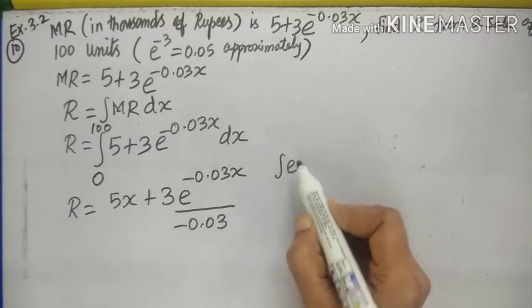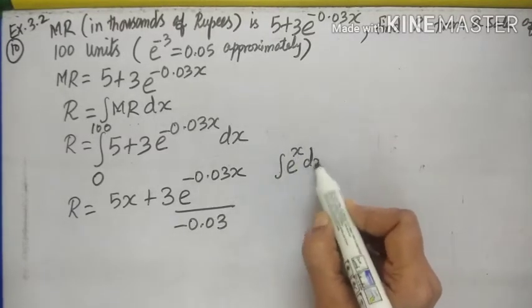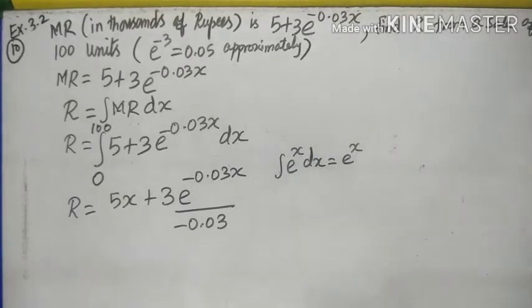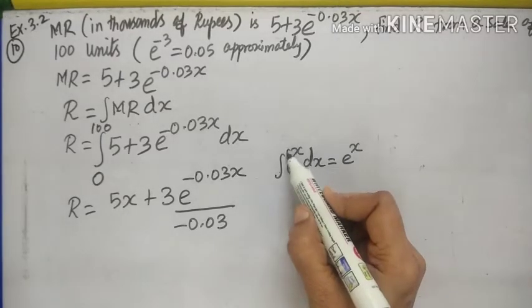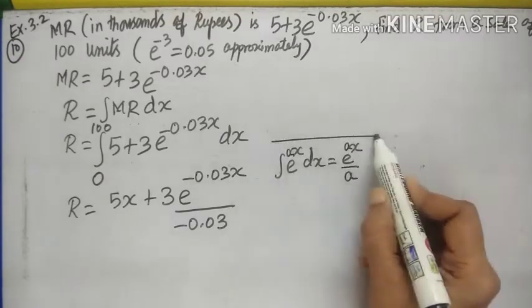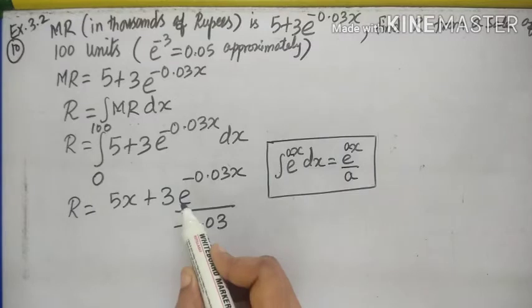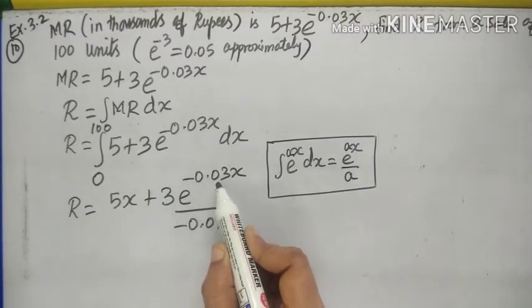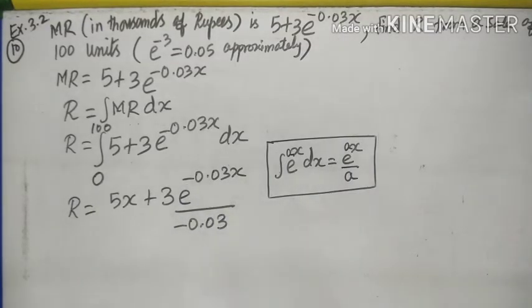Remember the formula, integral e power x dx is equal to e power x. Suppose it is e power ax, then e power ax by a. So we apply this formula, e power minus 0.03x by minus 0.03.